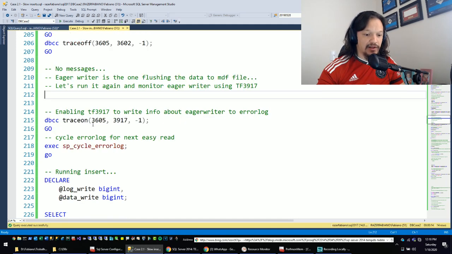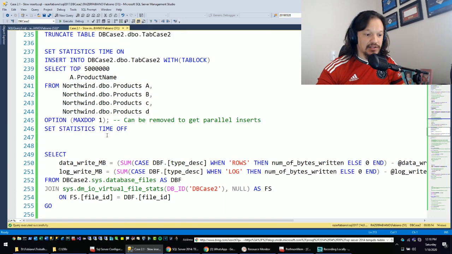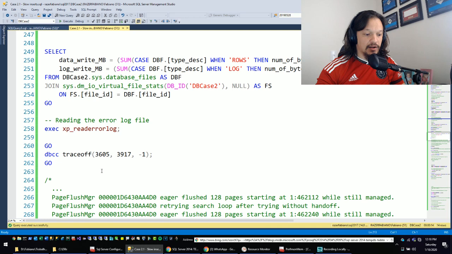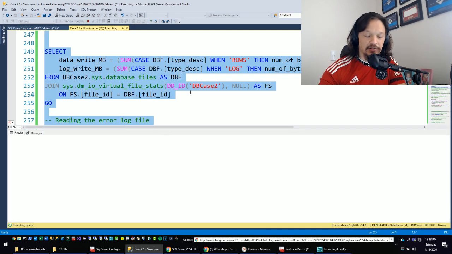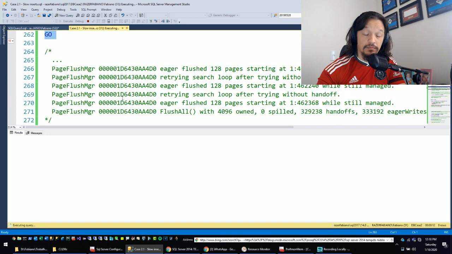There's another trace flag that you could enable, which is 3917, that lets you see that the eager writer is the one kicking in and writing the data into the MDF. Let's look at the log file.